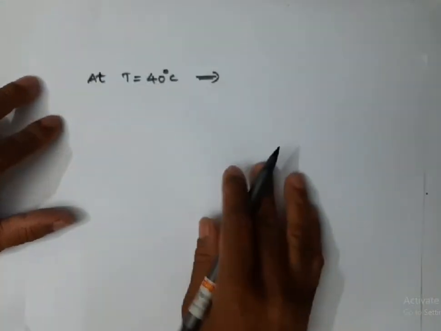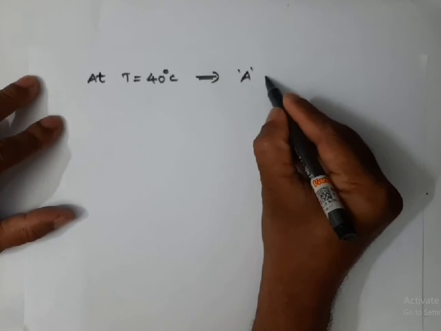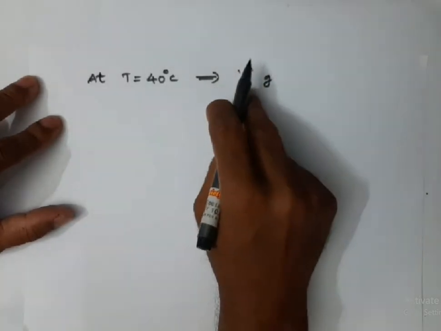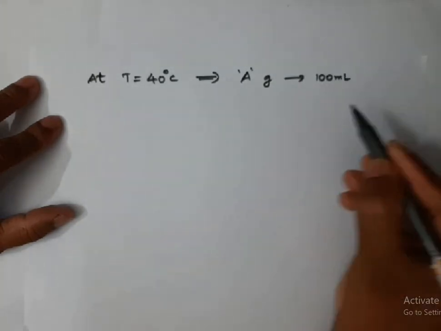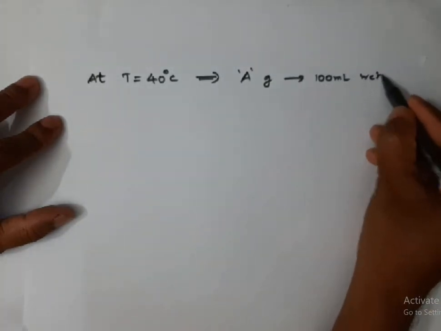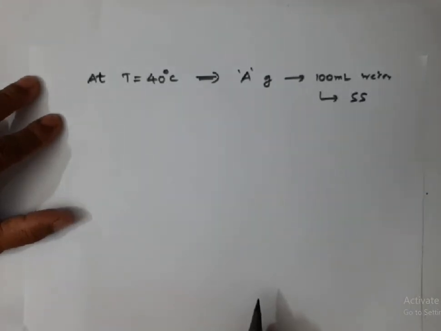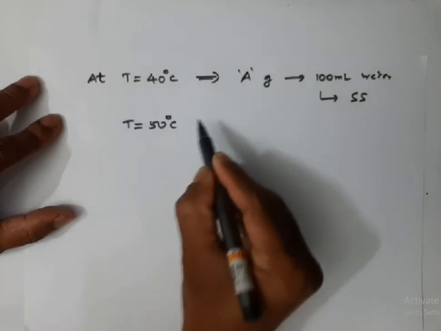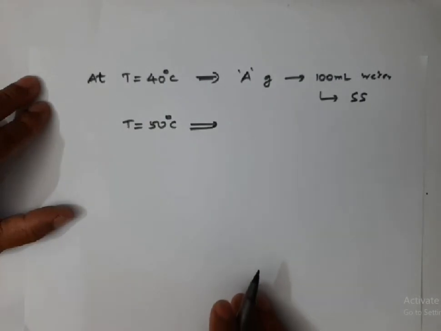Say I am dissolving some solute A in 100 ml water so that I get a saturated solution. But if I increase the temperature a little, from 40 to 50, you can dissolve more.